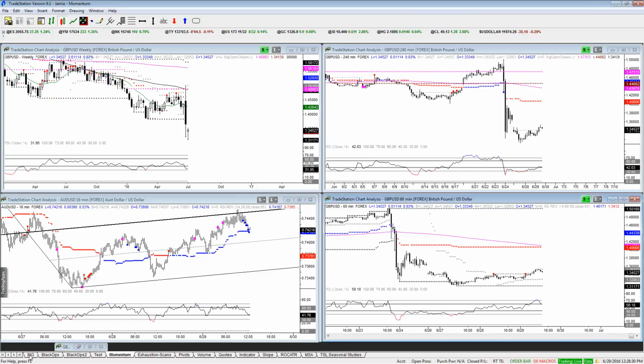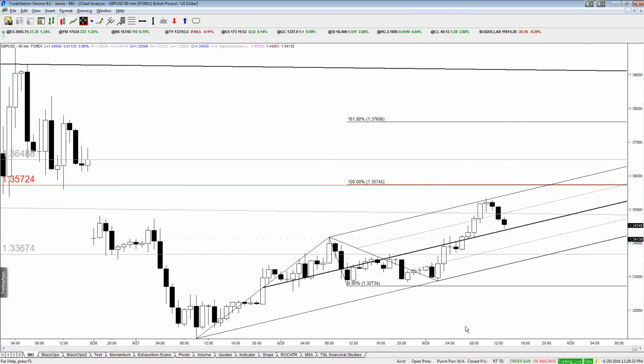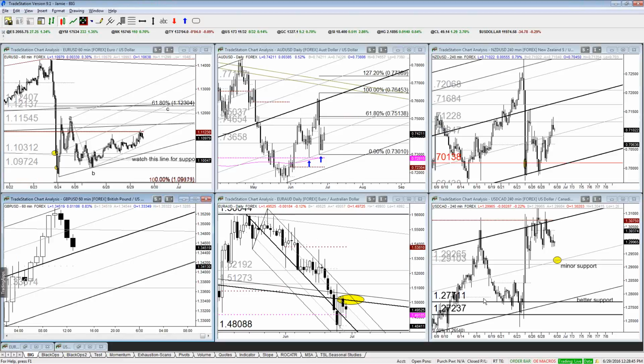Okay, sorry. So that's cable. Those are basically the two levels I trade for the rest of the week: 133.70 and 135.75 or so.